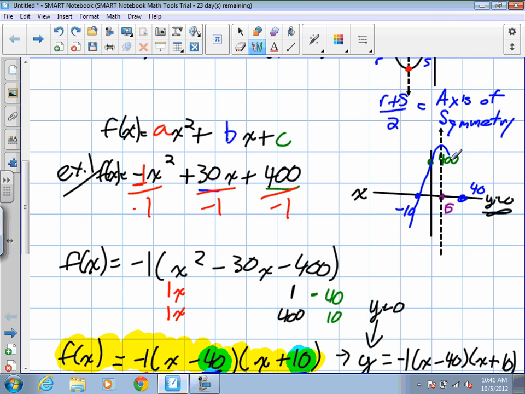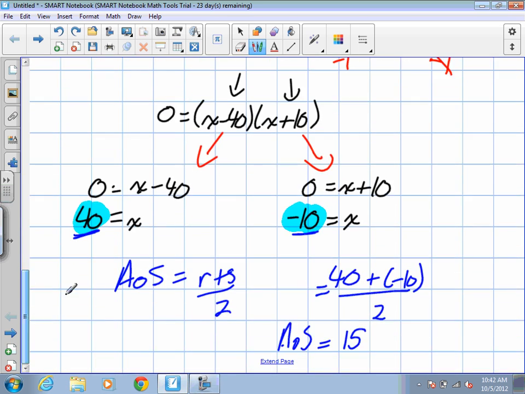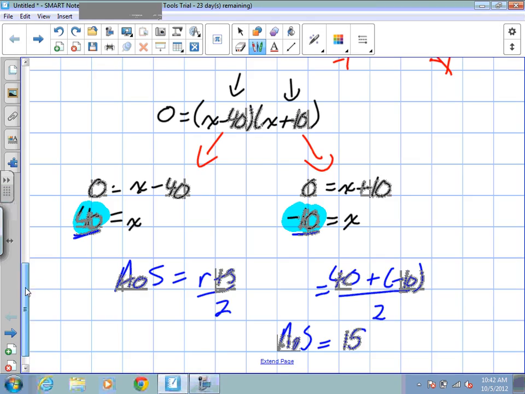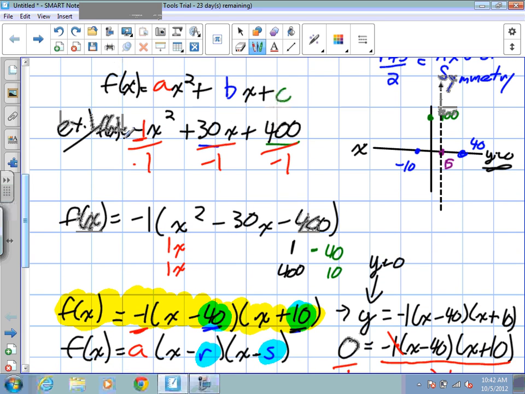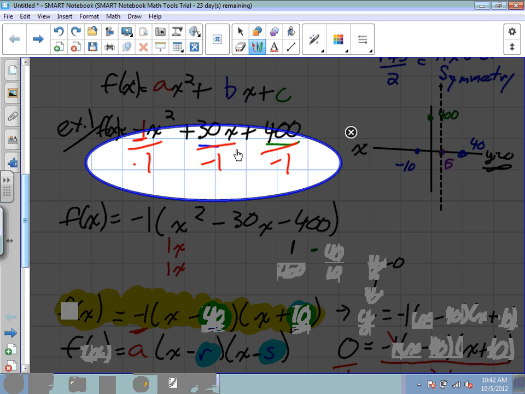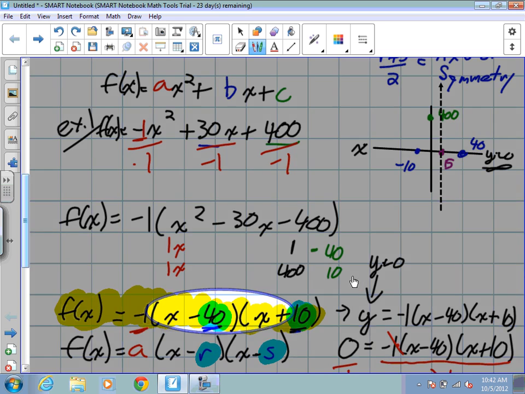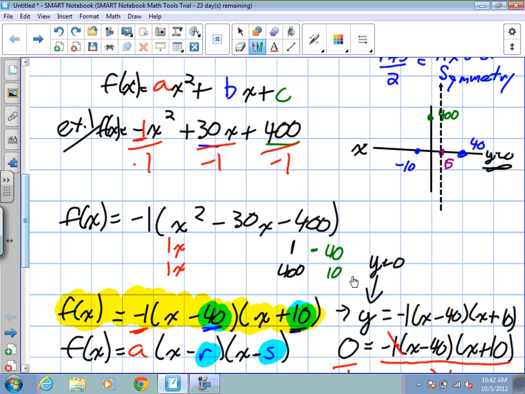We take this axis of symmetry, 15, and we plug it into either the standard form of this equation or the factored form of this equation. Either equation will give us our y value. Okay, so I know there are many, many steps to this. I'm going to take the factored one because I think I remember that best.